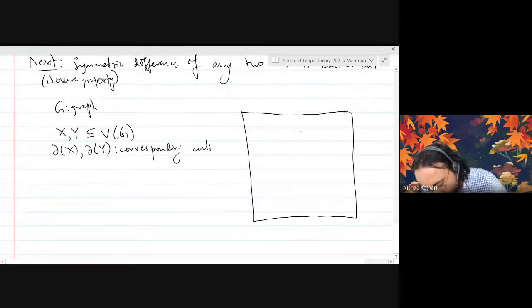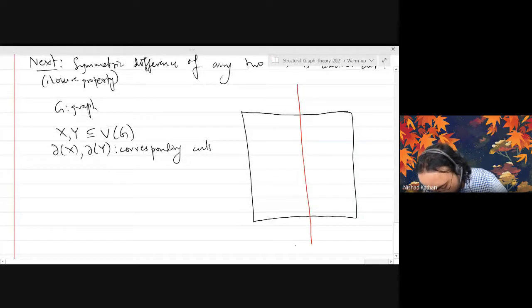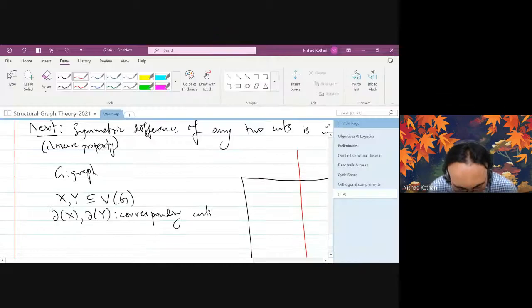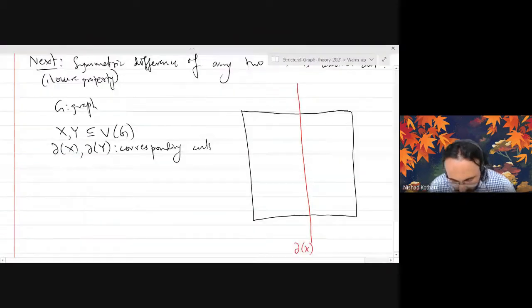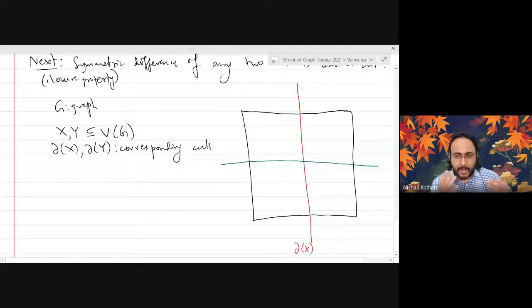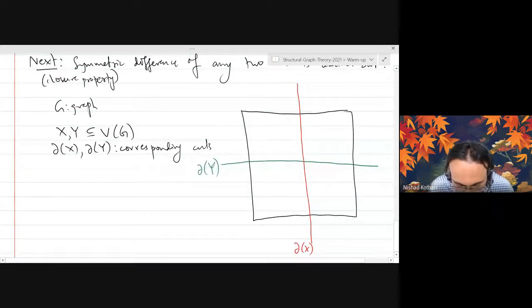So this is one cut. Let's call it our partial X cut. And our second cut is the green cut. I can draw it like this. If you take two bipartitions of a set, you will get four quadrants.